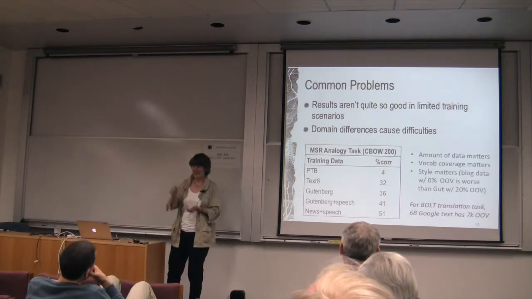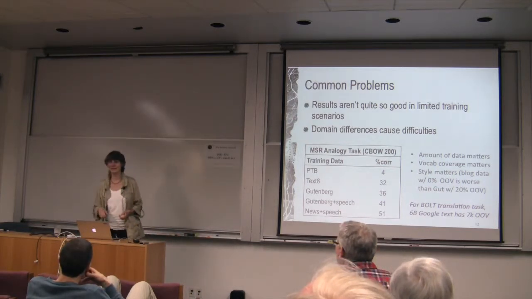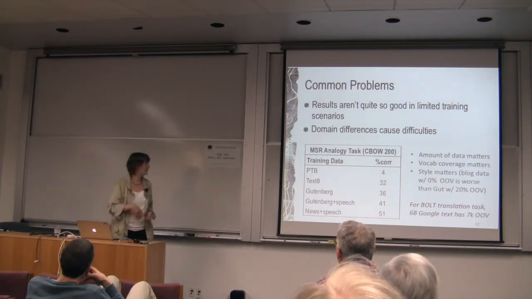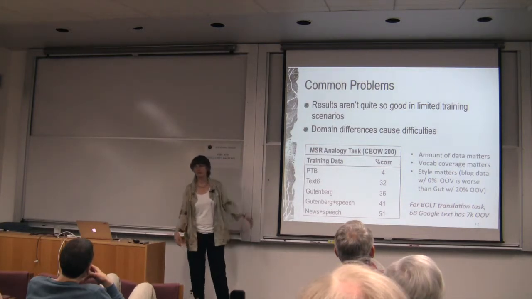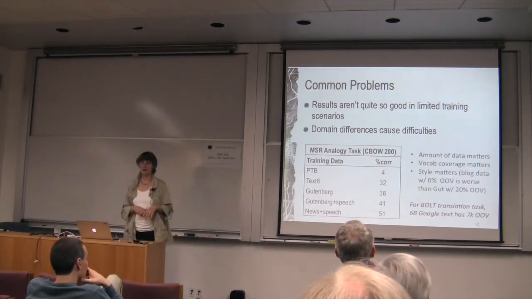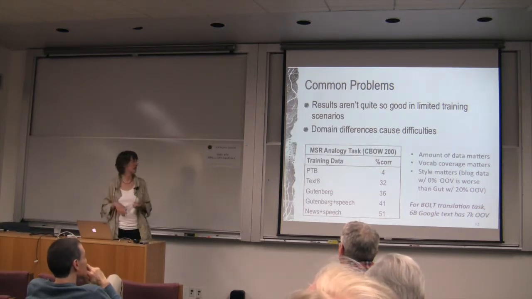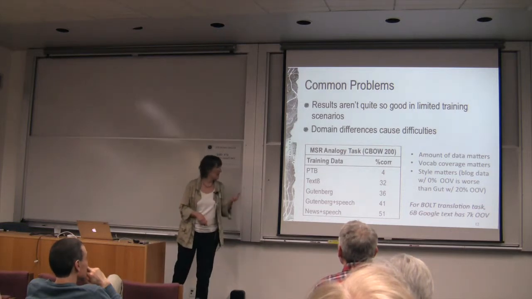One student said, aha, I'm going to cover the vocabulary, so he got this blog data that we had collected. Didn't work at all. Pretty bad results, worse than this one with the 30% out of vocabulary. So style matters, vocabulary coverage matters, all those things that you would expect to matter, of course, matter.